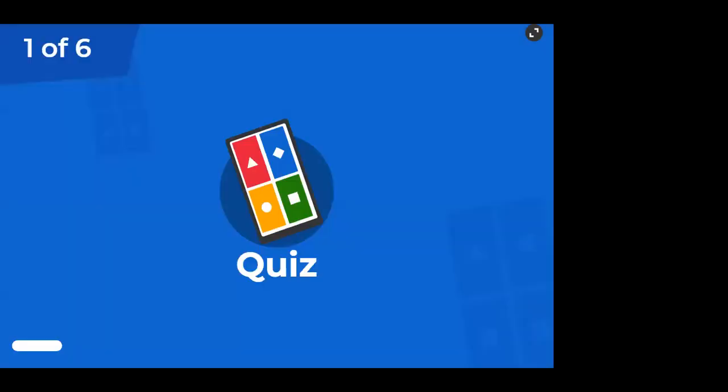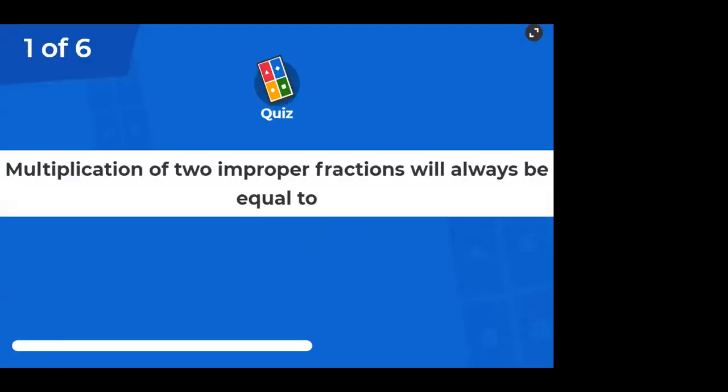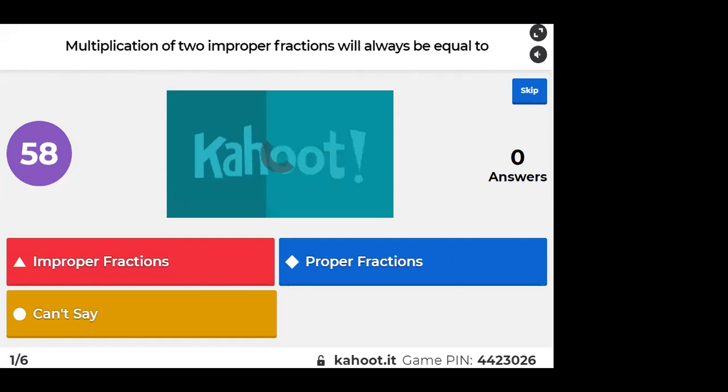Jia, you can see the code at the bottom of the screen. Multiplication of two improper fractions. An improper fraction will always be equal to an improper fraction.